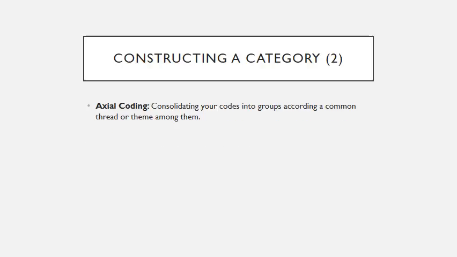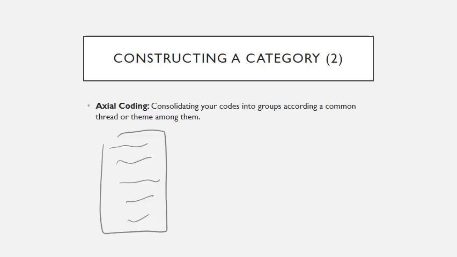So then step 2 is what we call axial coding. This is where you start to consolidate your codes into groups according to a common thread or theme among them, okay? So let's say I have my transcript once again, and I have all these different codes that I'm finding in the transcript.